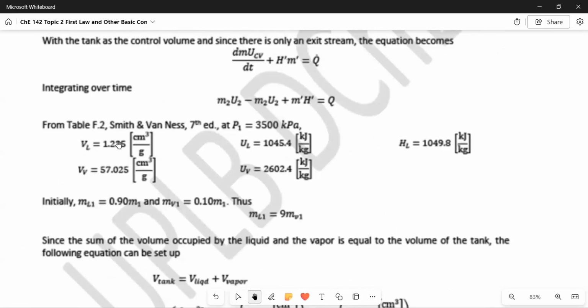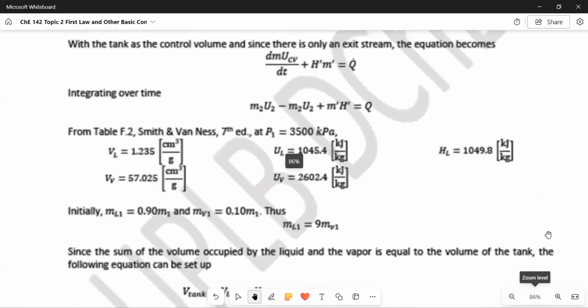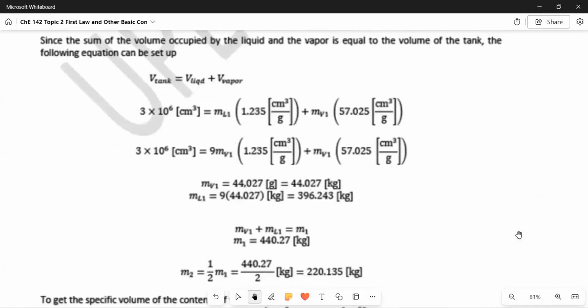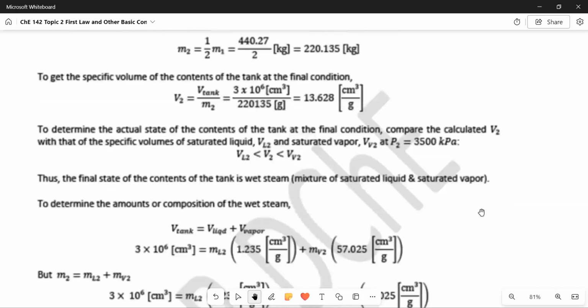So what do you notice? It's in between, right? So that means at state 2, it's still a mixture. It's neither purely saturated liquid nor purely saturated vapor. It's still a mixture. So we need to determine the composition of the mixture.